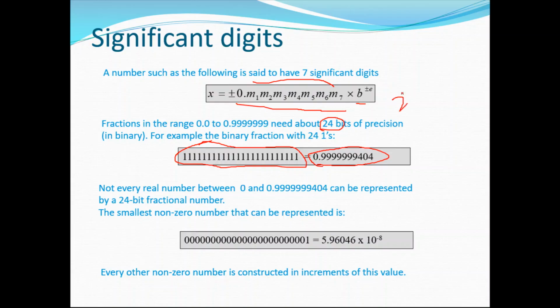That way you have to calculate 2 to the power minus 1 plus 2 to the power minus 2, all these things up to 2 to the power minus 24. If you do all these things, this is what you will get.